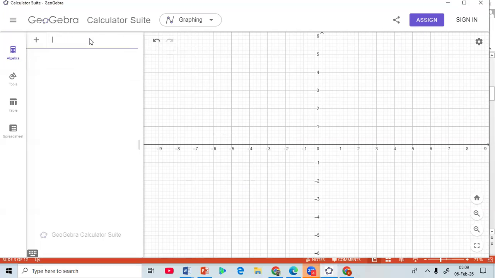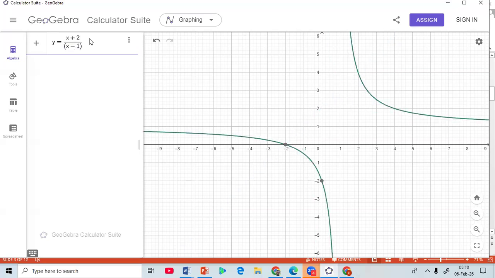Let me write y equals x plus 2 over x minus 1.